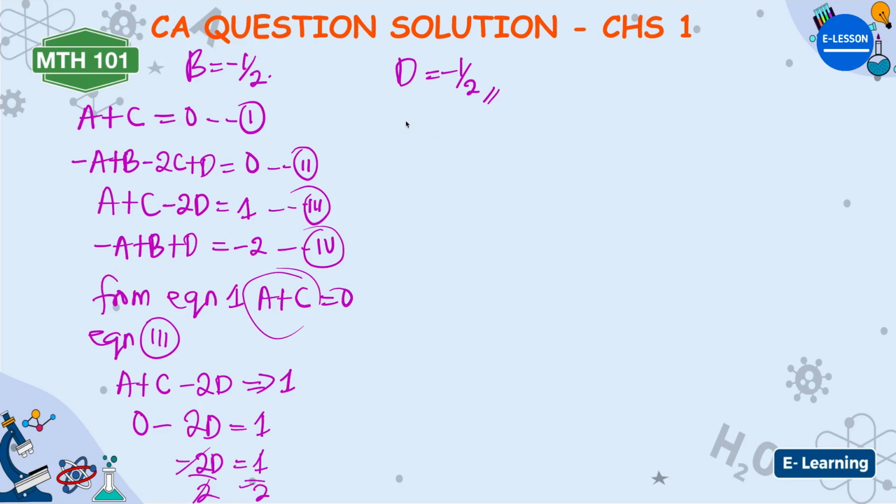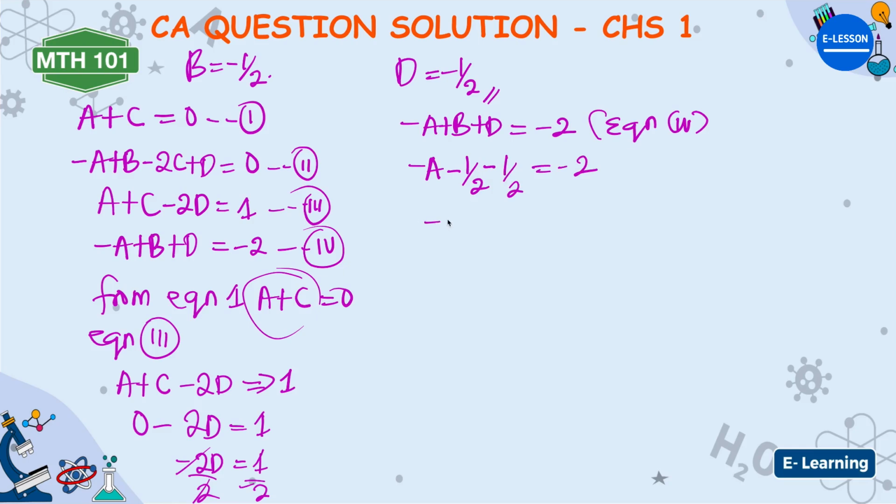From here, we have that minus a plus b plus d is minus 2 from equation 4. All right? So we've already gotten our b, minus half, and d, minus half. So minus a, plus b which is minus half, plus d which is minus half, everything is equal to minus 2. Minus half and minus half is minus 1. So we have minus a minus 1 equals minus 2.